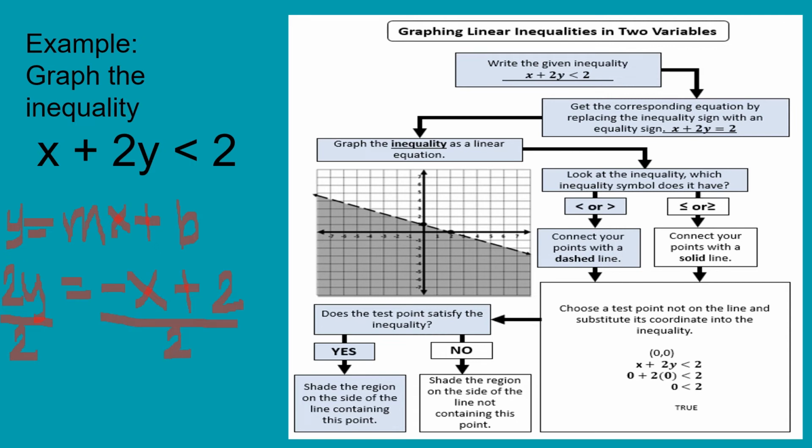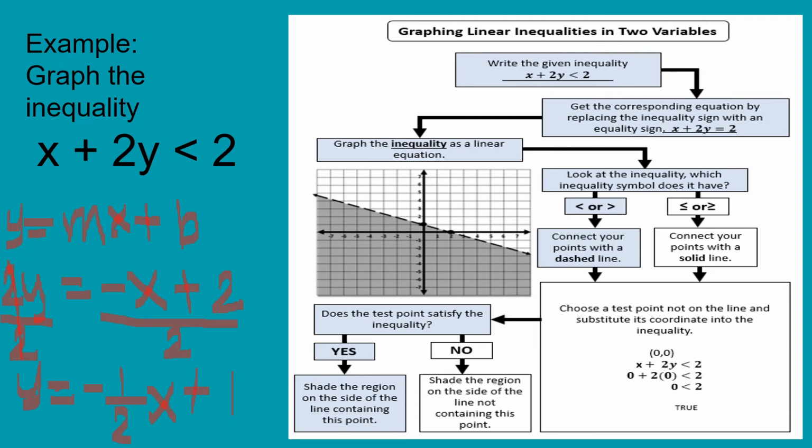And then, we simplify: 2y divided by 2 is equal to y is equal to negative x divided by 2 is negative 1 half x, and positive 2 divided by 2 is equal to positive 1.